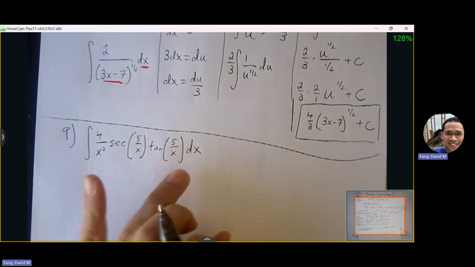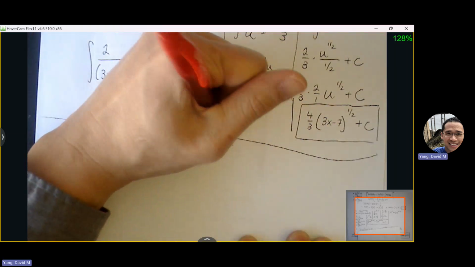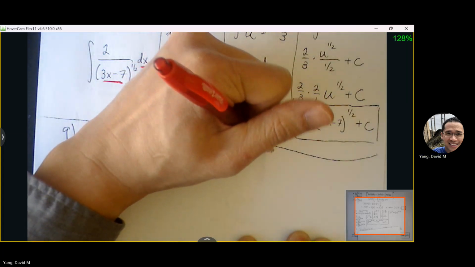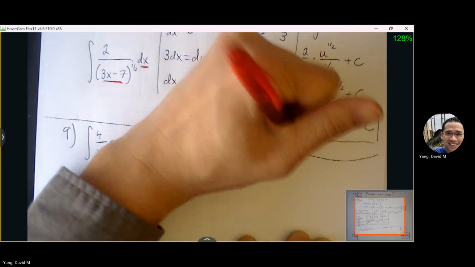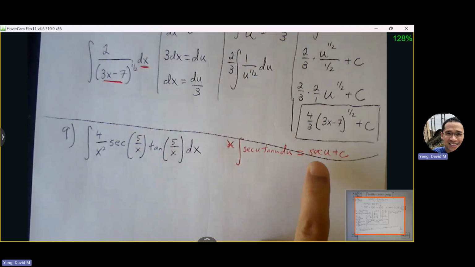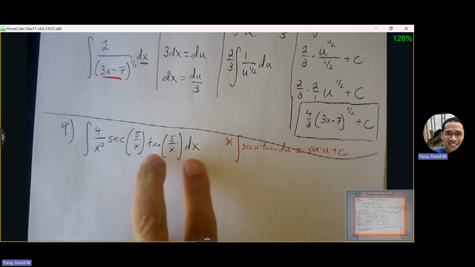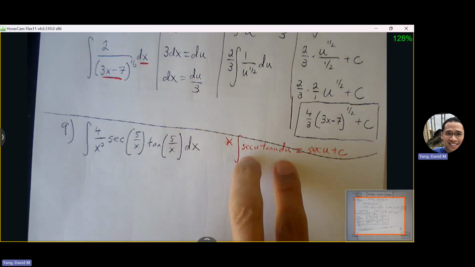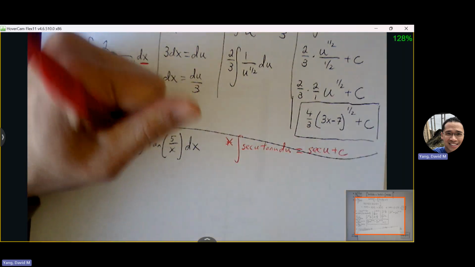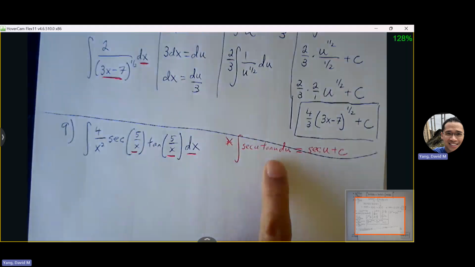We do have a rule for secant u tangent u. Remember, first semester, secant's derivative is secant tangent, so therefore the antiderivative of secant tangent is secant. So if we let both of these be our u value, maybe we can work towards this and hope that the 4 over x squared can cancel out. So we'll target both of these as our u value, since this fits the potential rule that we could be moving towards.